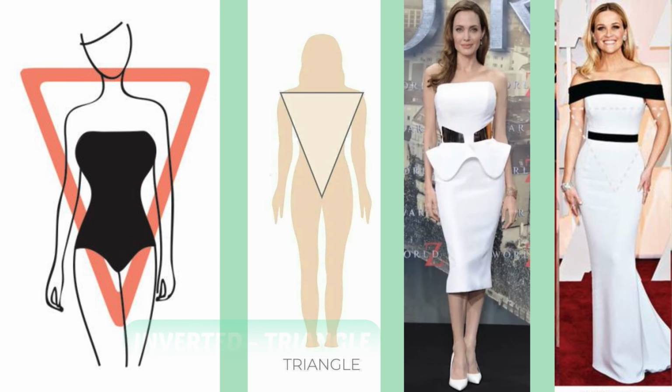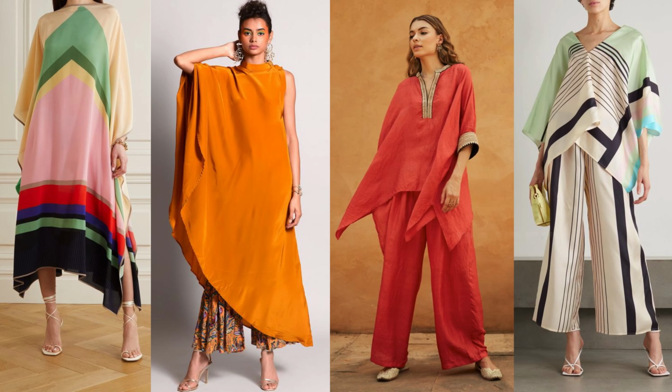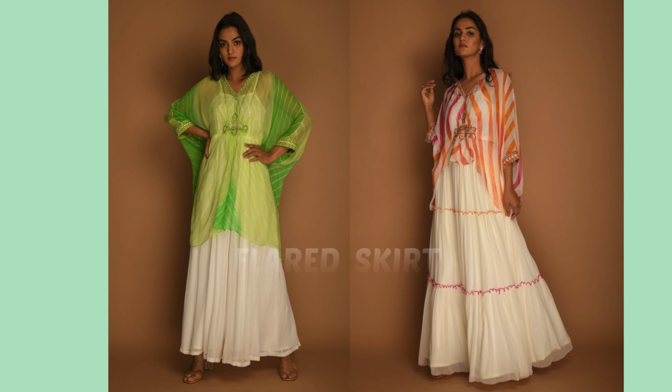And the last one is the inverted triangle body type. To balance the proportion, choose a kaftan that creates volume in the lower body, because it's inverted, so the lower body is much smaller than the upper body. So opt for a kaftan with wide leg or a flared skirt.